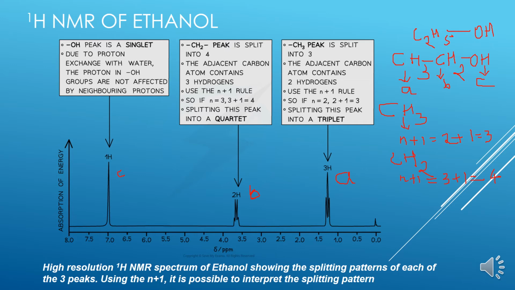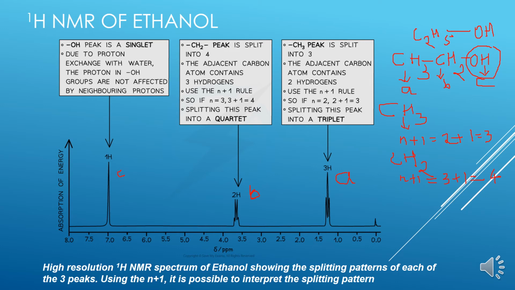And the remaining is the hydroxyl proton. The OH group is not affected by the neighboring protons. Remember, this OH has a different environment because it is not affected by the methyl or methylene protons. The methyl protons are far away from the hydroxyl, so there is no chance for spin splitting.